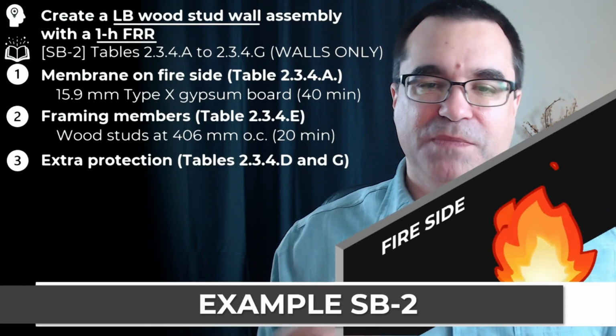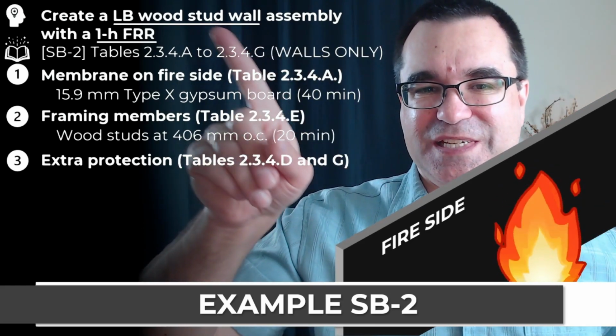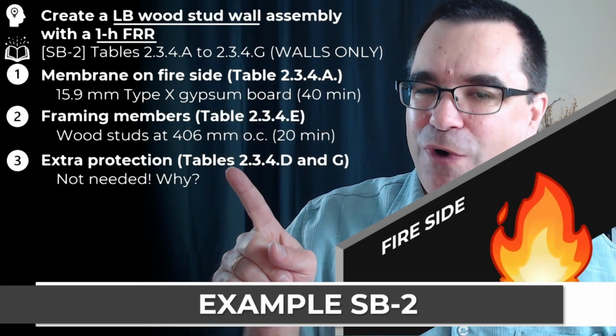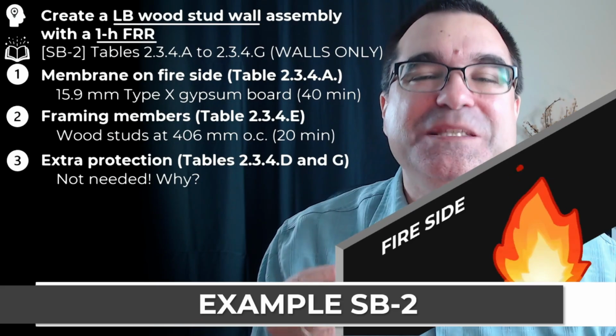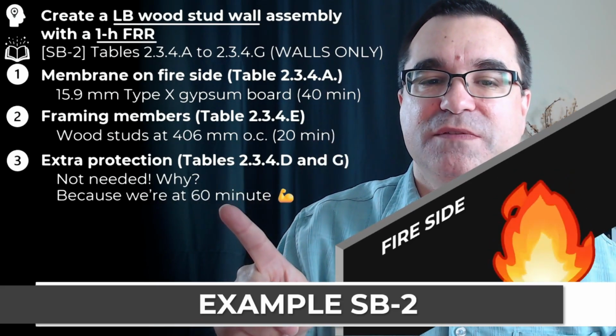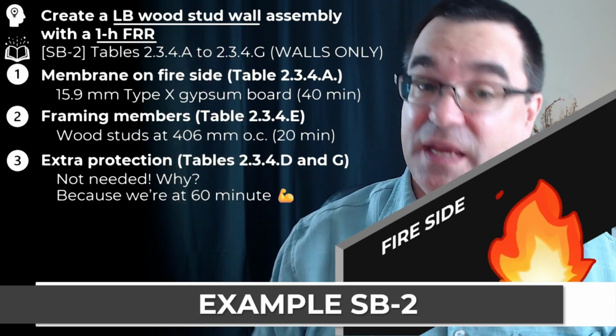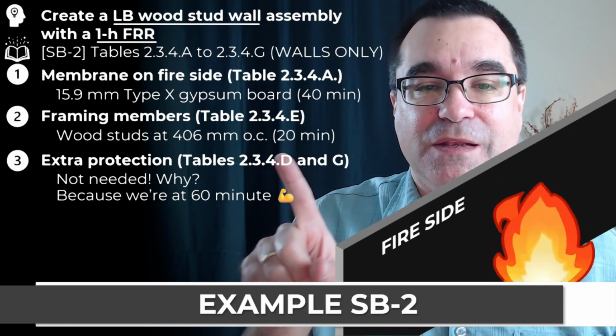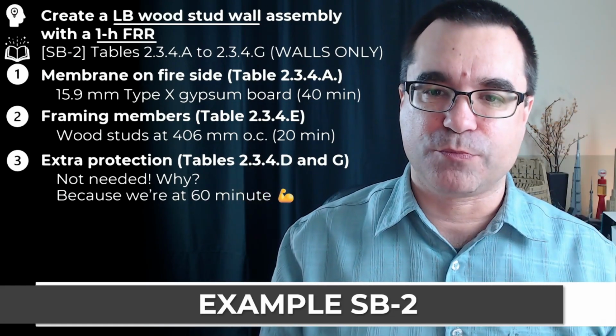For this example, we are not going to be using these tables. Why? Because by getting these two elements, we've already achieved the 60 minutes required in the question. But if we needed more, we would look at these two tables for extra protection.